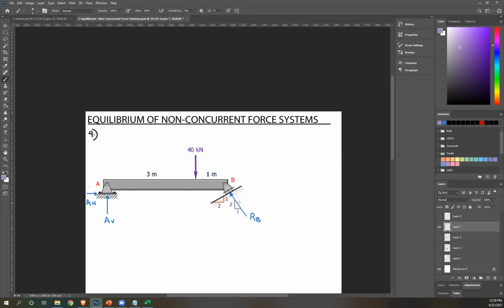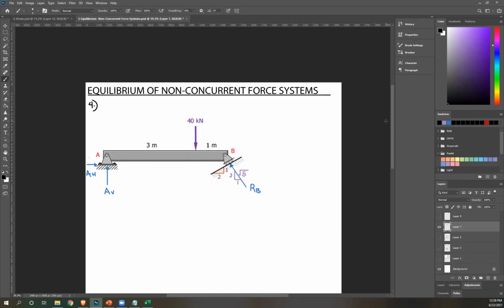And then compute for the hypotenuse, that's just square root of 5. Okay? So now you have your reactions. You're going to use your equilibrium equations to solve for the unknown. So once again, moment. You're going to choose where you want to take your moment. I'm going to choose B so that I don't have to deal with this reaction at B.